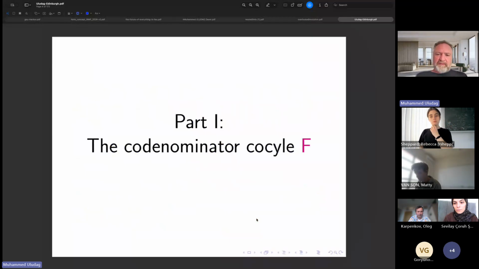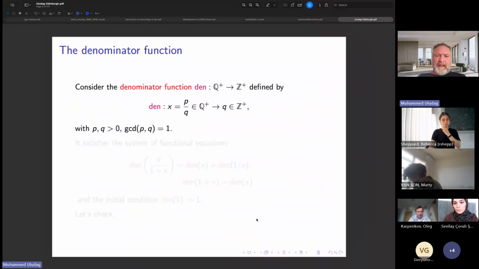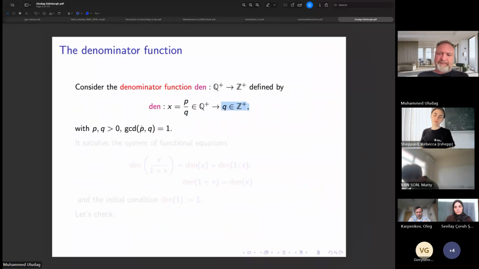So let's start with the denominator. Let's see the denominator function. So we all know what it is. It's a function from the set of positive rationals to the set of positive integers, sending p over q to simply q, where p and q are relatively prime.